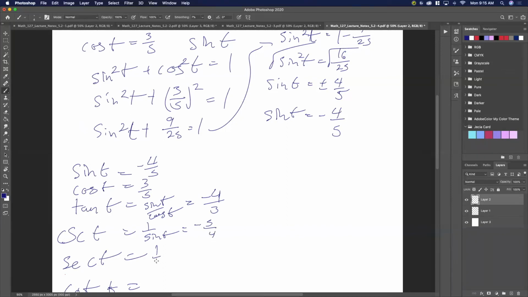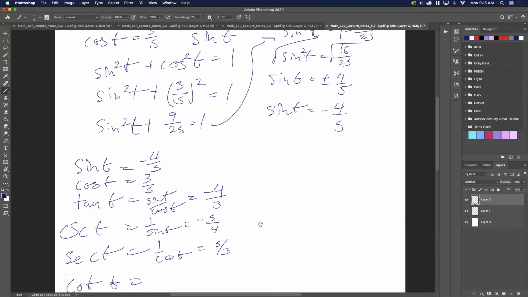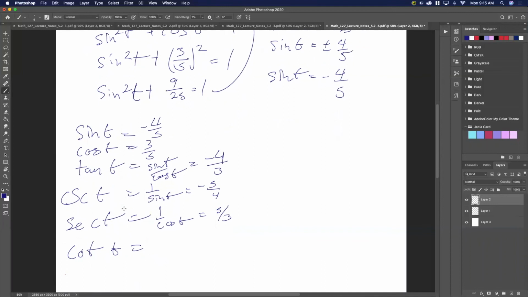Secant is 1 over cosine of t. This is equal to 5/3. Cotangent is also equal to 1 over tangent. I don't know if I put that in yet. So just use 1 over tangent. If this is minus 4/3, the other one's going to be minus 3/4. Okay.